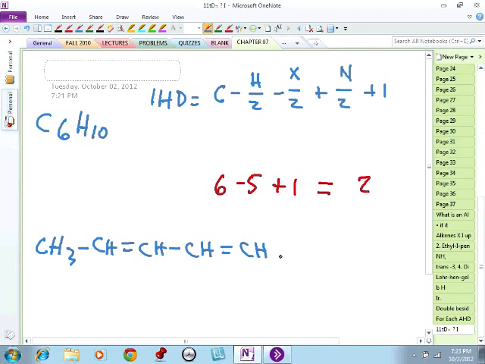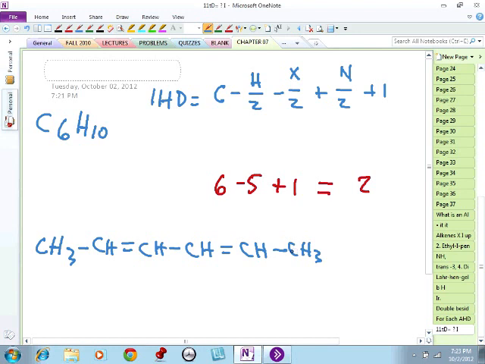How many more carbons do we need? Okay, does that fit the formula? That's fine.